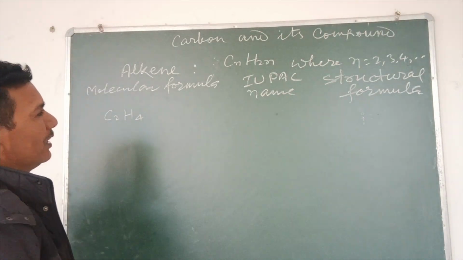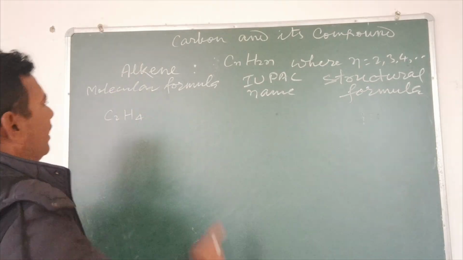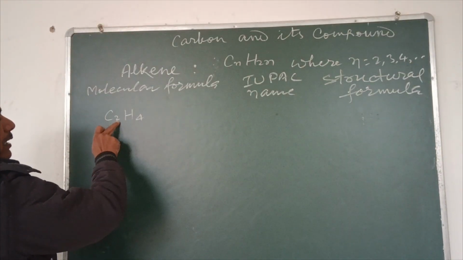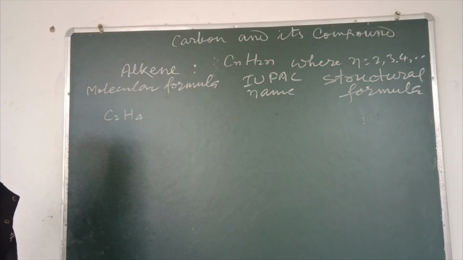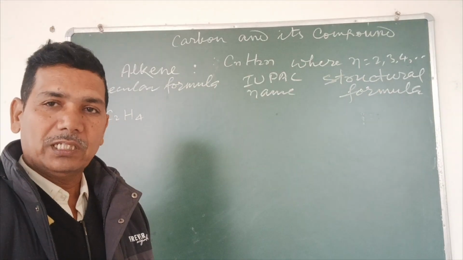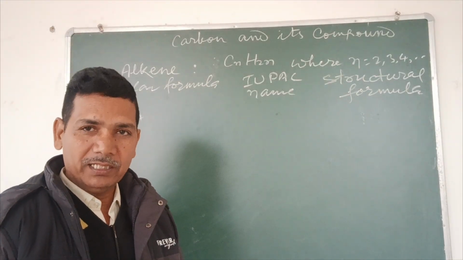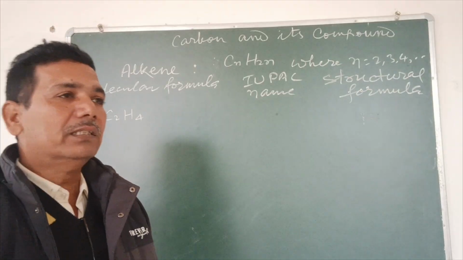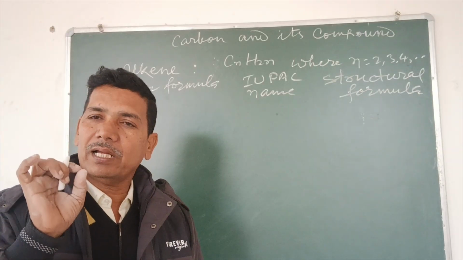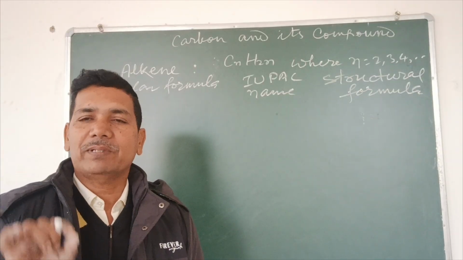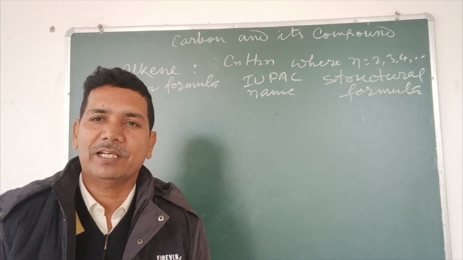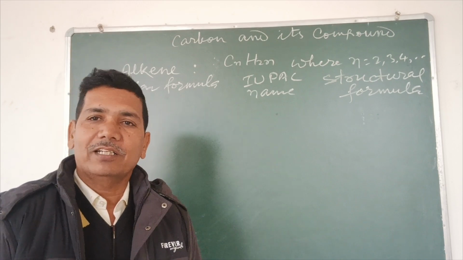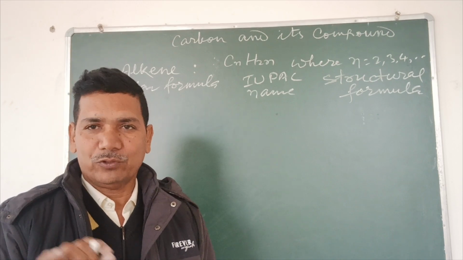For its IUPAC name, in alkene, alk will be replaced by eth because the number of carbon atoms is 2. If the number of carbon atoms is 1, alk is replaced by meth. I repeat: if the number of carbon atoms is 2, alk is replaced by eth. If the number of carbon atoms is 3, alk is replaced by prop, and so on.